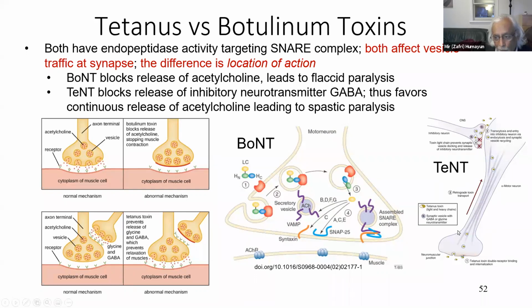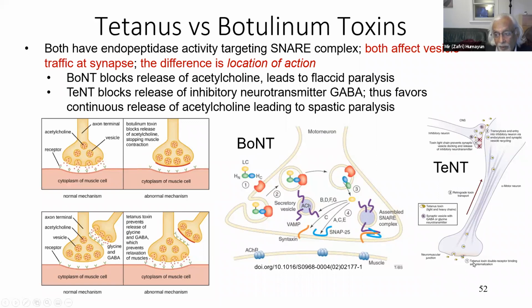Instead, it gets transported through the axon and is delivered to the next synapses with the inhibitory neuron. And it acts at the axon terminal of the inhibitory neuron. There it cuts the synaptobrevin, which prevents the inhibitory signal, GABA, not acetylcholine, but GABA, from reaching the neuron. That means no inhibitory signal is being delivered to the neuron, but normal acetylcholine is being delivered here.